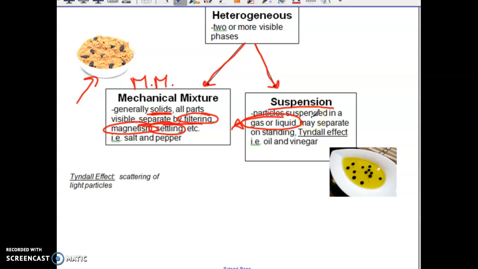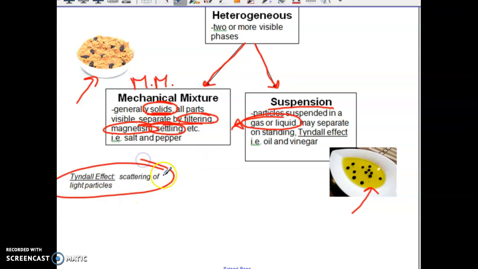I can't take a net and catch all of the smoke inside of a net. Okay, it's hard to separate because they're gases. Oil and vinegar, right? Hard to separate because they're both liquid components. So with a mechanical mixture, usually you have something that is a solid that you can remove easily, whereas a suspension is not very easy to separate.